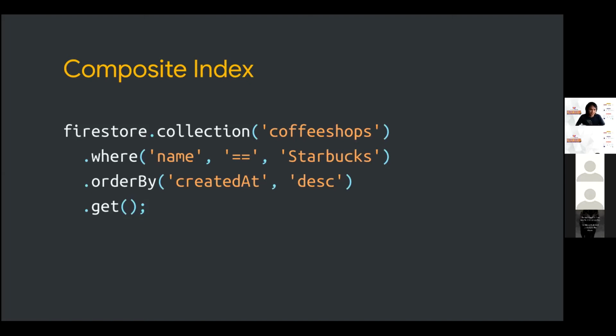We mentioned composite indices earlier, so let's talk about them now. Remember, in Firestore each piece of data is called a document. It looks like a JSON object, with fields and values, and they are organized into collections. In Firestore, every field in a document is indexed.